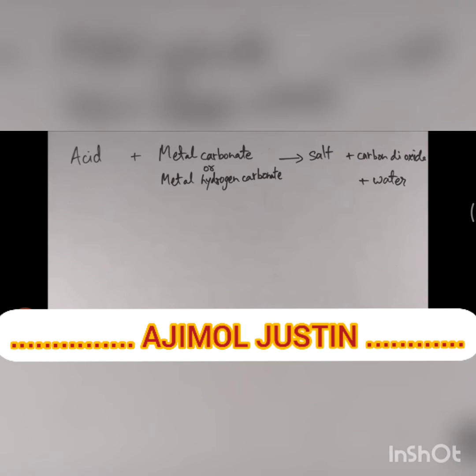So this particular statement you have to learn by heart. When an acid and a metal carbonate or metal hydrogen carbonate react, what is obtained? A salt, carbon dioxide and water. Three products are formed.